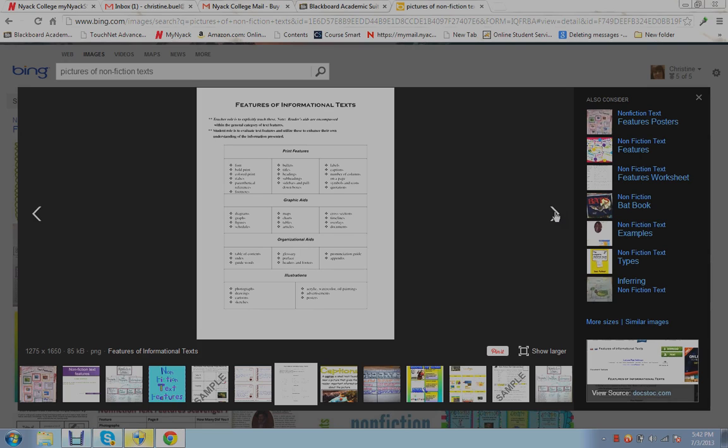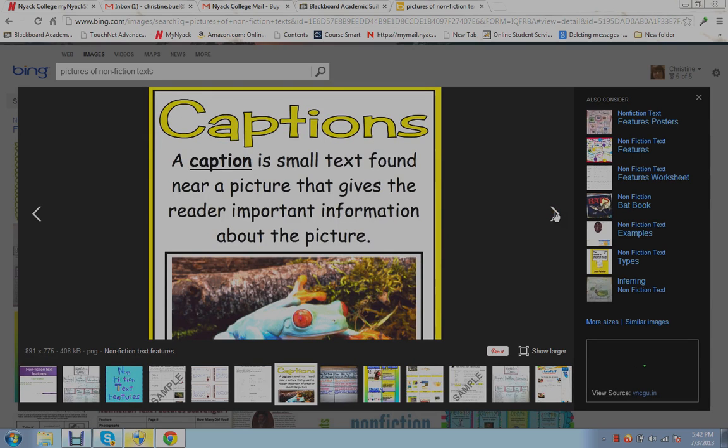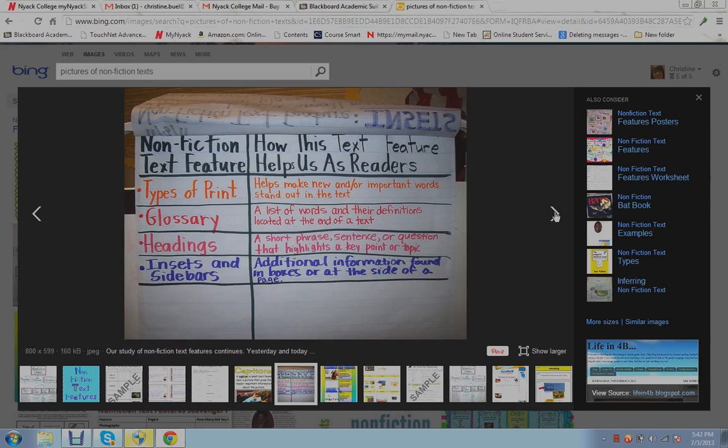But a good book will scaffold for students and will make this type of information rather obvious to the student. And as you can see here, a good book has a caption so that students can begin to even do a book walk and start to understand what the book is talking about.